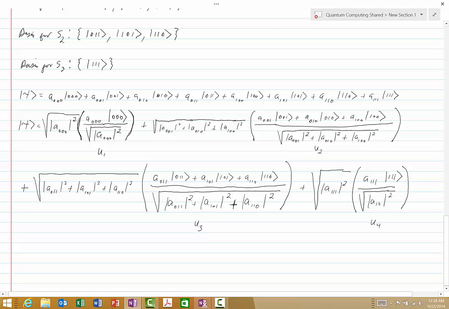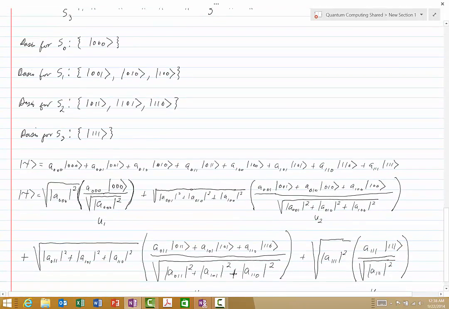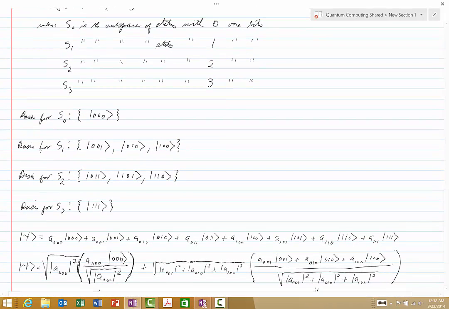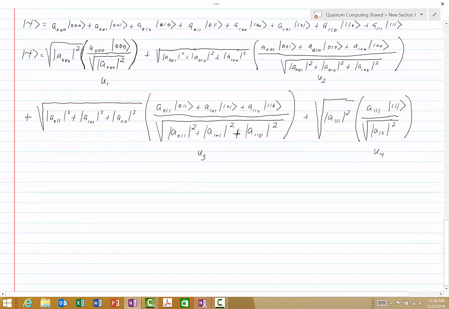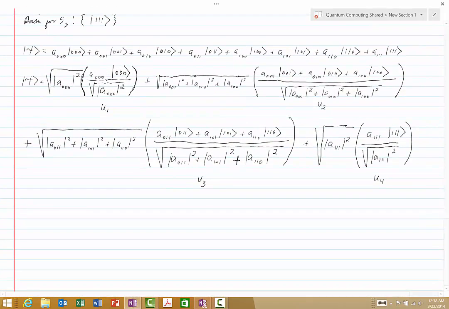So I hope what you've concluded here is the following. Here is our arbitrary state, 3-qubit state C. And then, just as we've done in our previous problems, we're going to group the different parts of this that we're interested in.